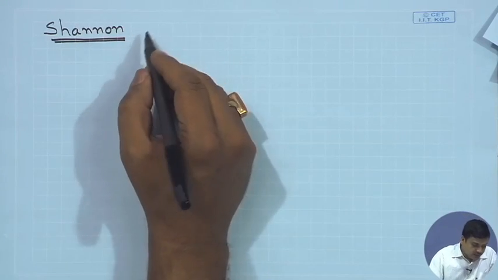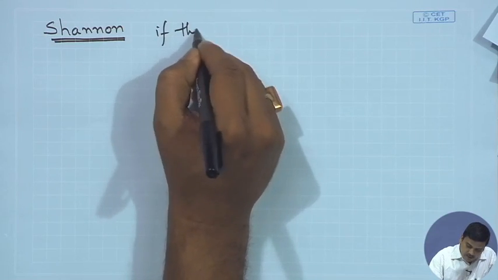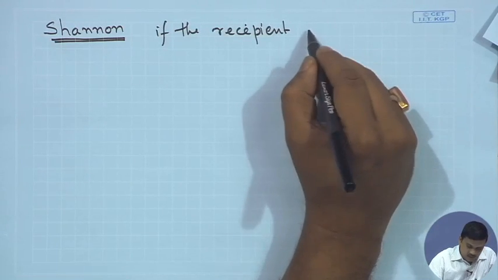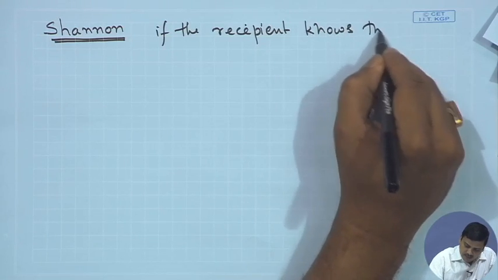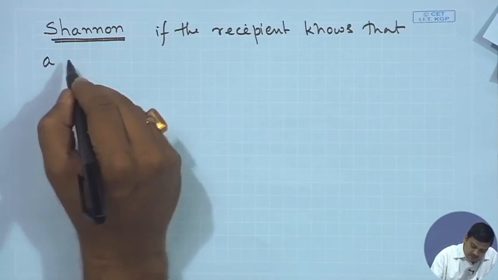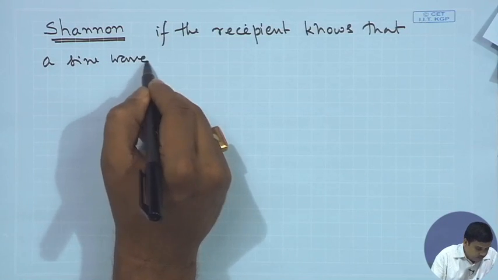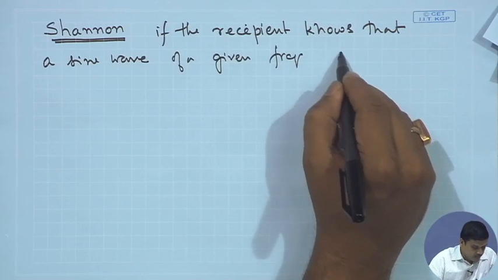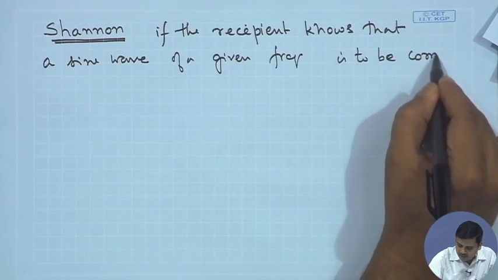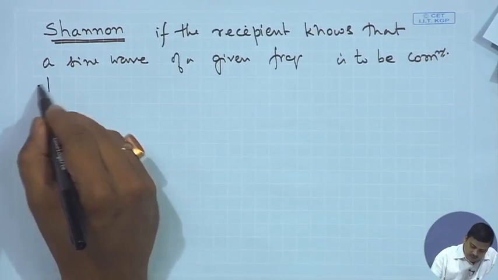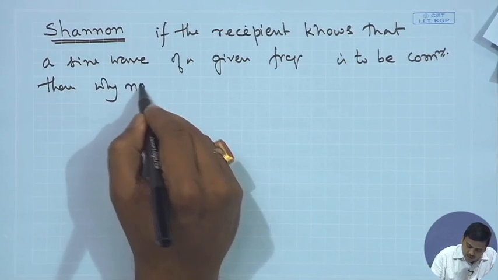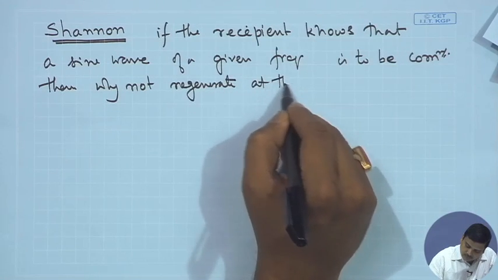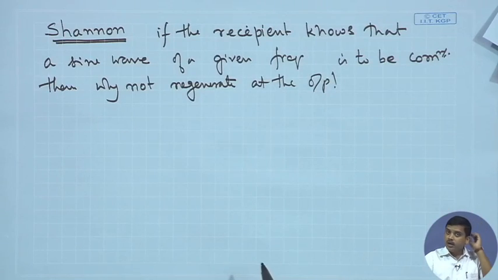So primarily due to Shannon, his view was that if the recipient knows that a sine wave of a given frequency is to be communicated, then why not regenerate it at the output, right? This is one of the views that we have stated.